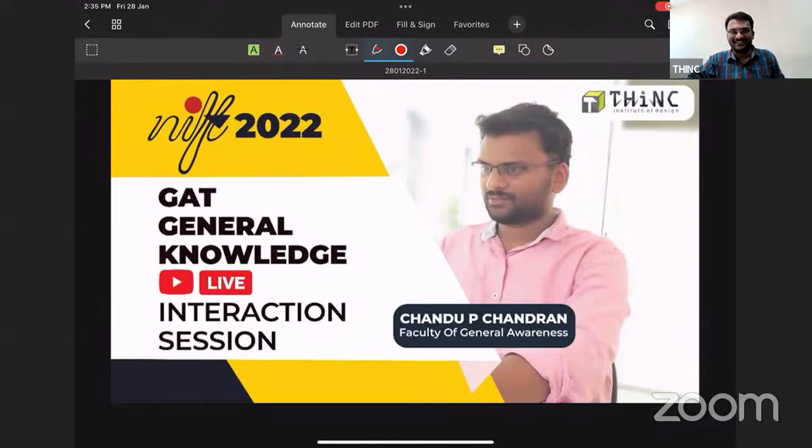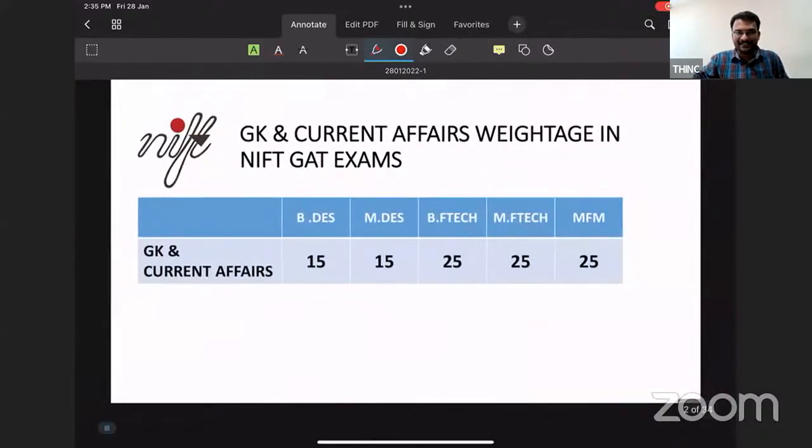One among them is planning. We need to plan so that we focus on the short areas, and we will be discussing some of them in the course of time. You can check the number of questions in BDes, MDes, B.F.Tech, M.F.Tech and MFM.